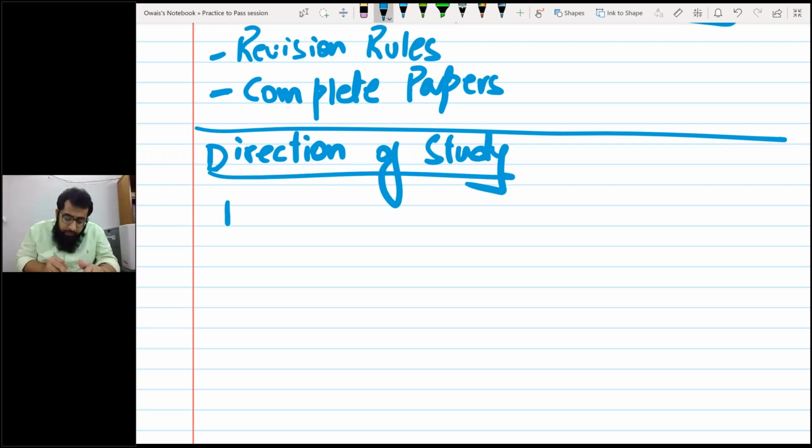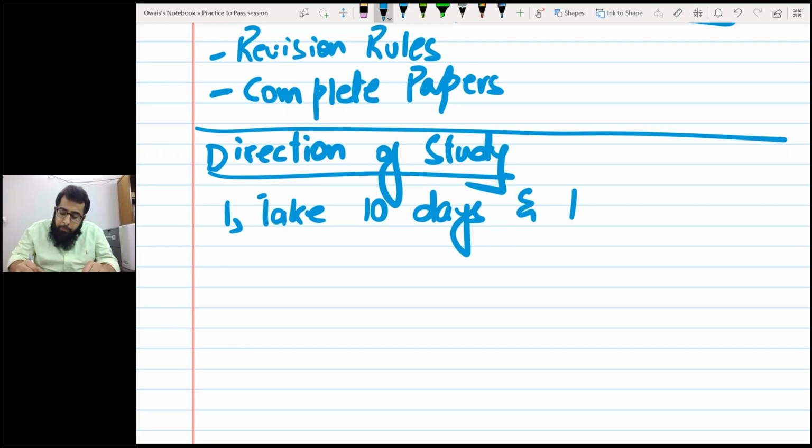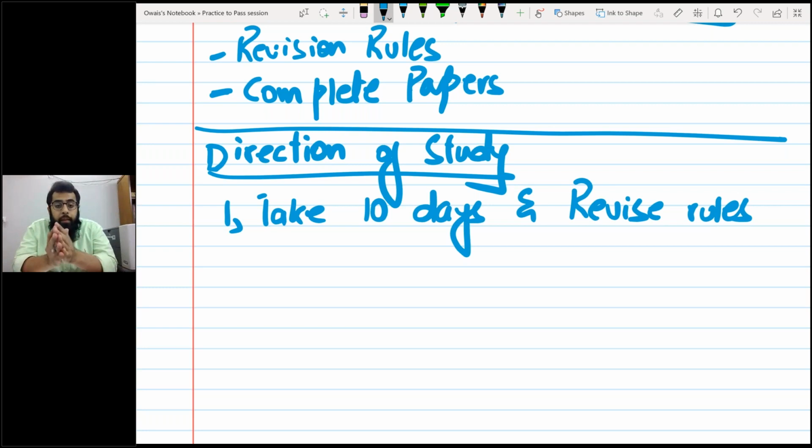My advice is take out 10 days and revise all rules. Don't try to make yourself an expert in the rules. Just revise rules, you should have a reasonable grip.